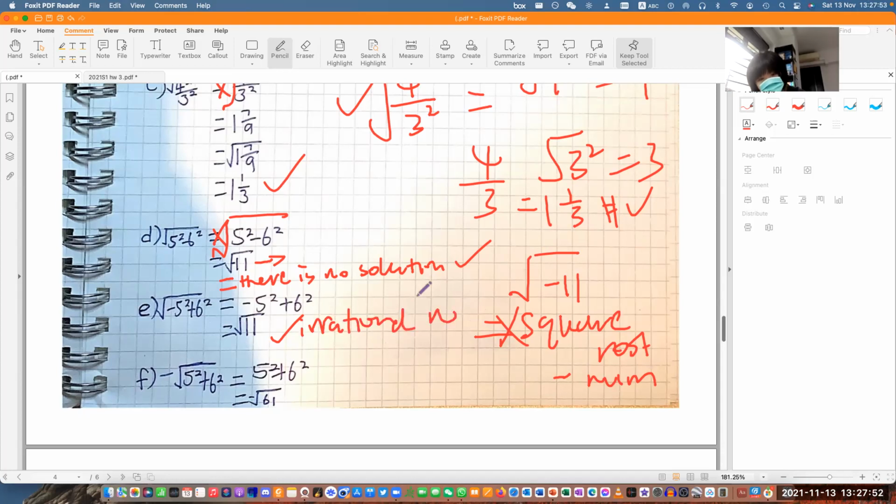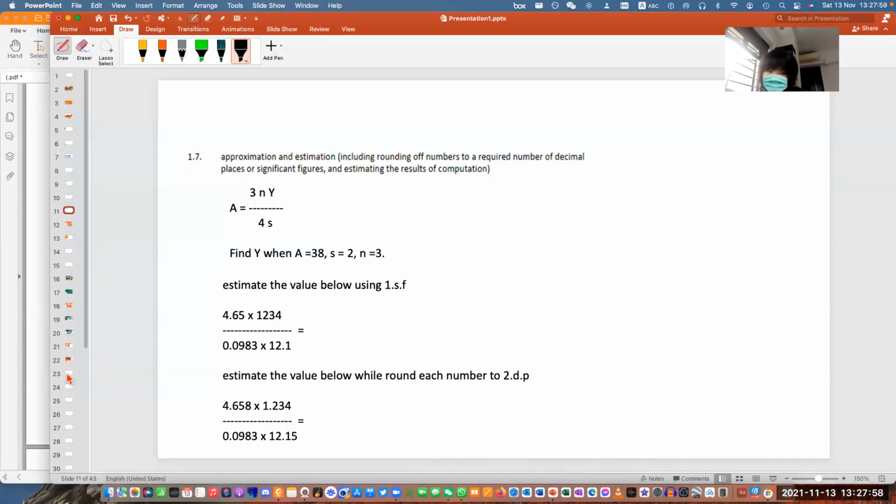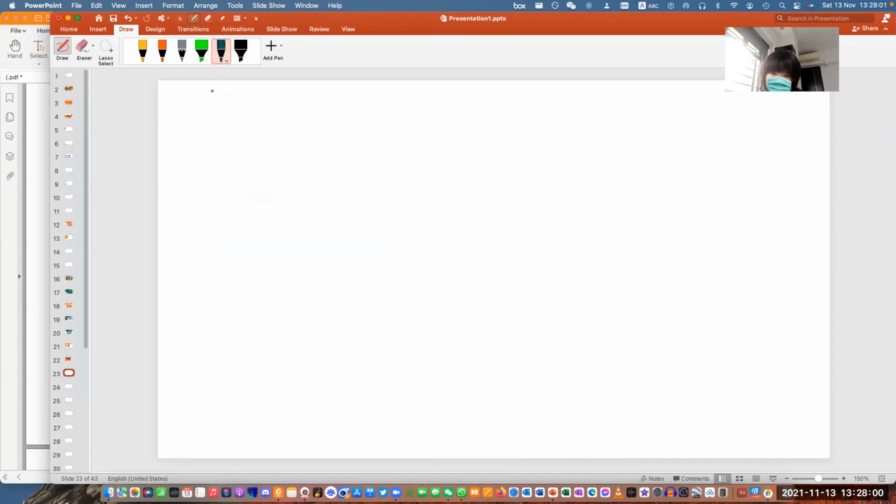Oh, by the way, just for your understanding, whatever you learn now, let's say just now you have this square root 11. If you use your calculator, it's going to show you an indefinite number. So this is the final answer already. This is called an irrational number.